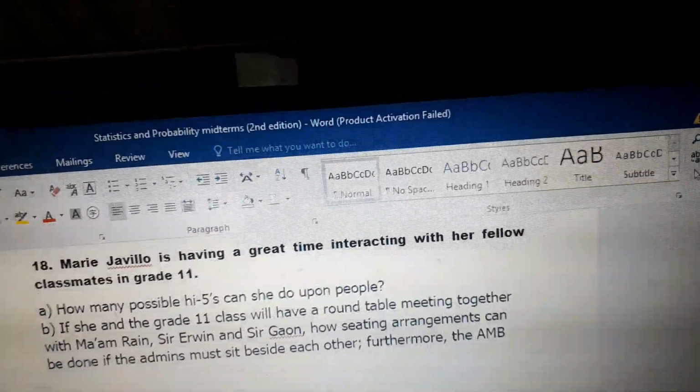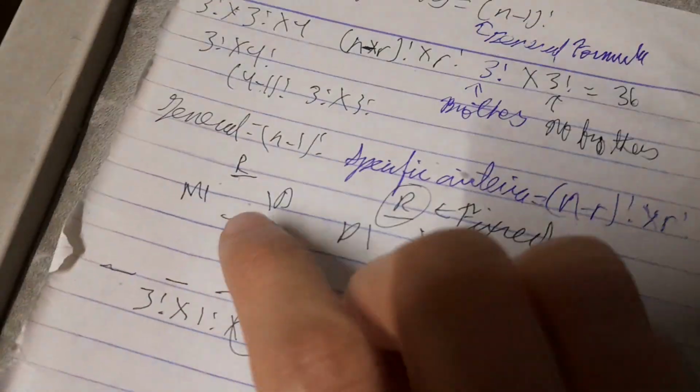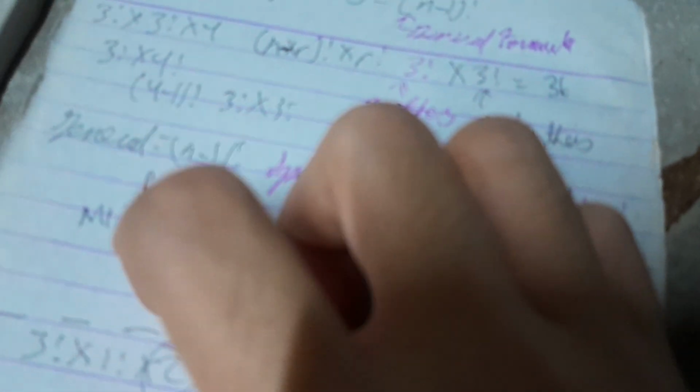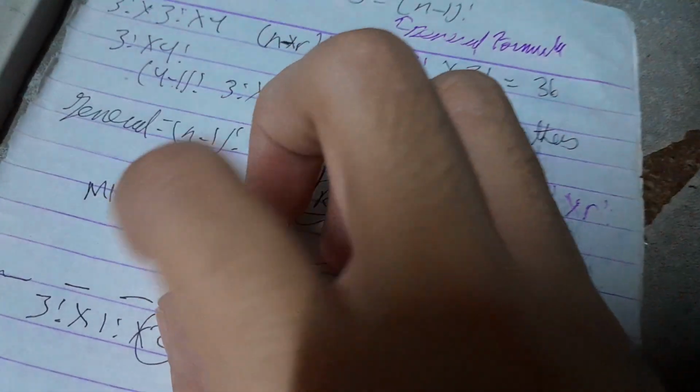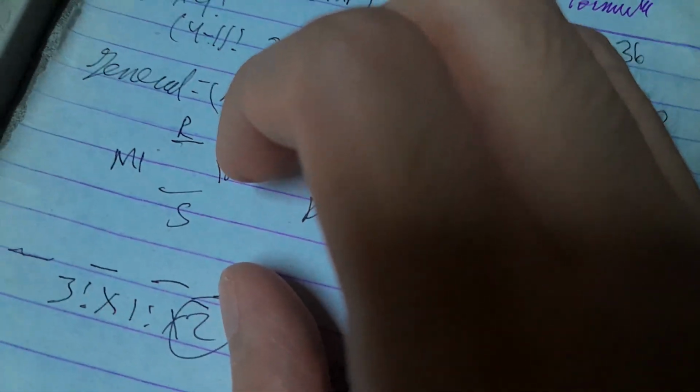Remember, when you do a high five, you can high five with each other. Like for example, in the picture, I can high five my mom, I can high five my dad, I can high five a stranger, then my mom can high five a stranger, and my dad can high five a stranger, or my mom and dad can high five each other.